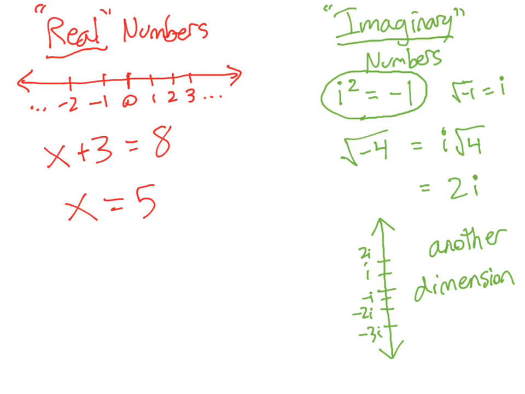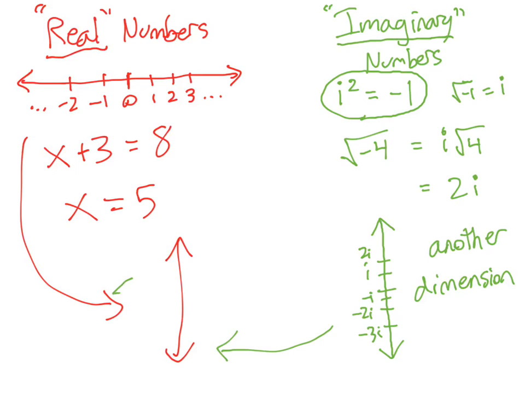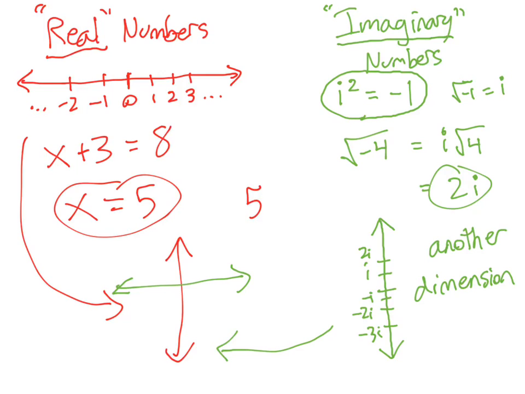Now, what happens if we put these two number lines together so that we have a multi-dimensional space? Like if we wanted to combine together the real number 5 and the imaginary number 2i, well, we would get a new type of number that we could write as 5 plus 2i.